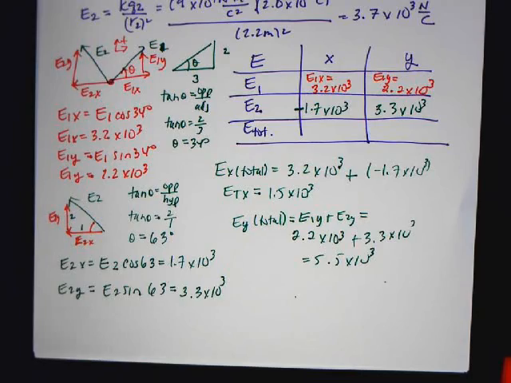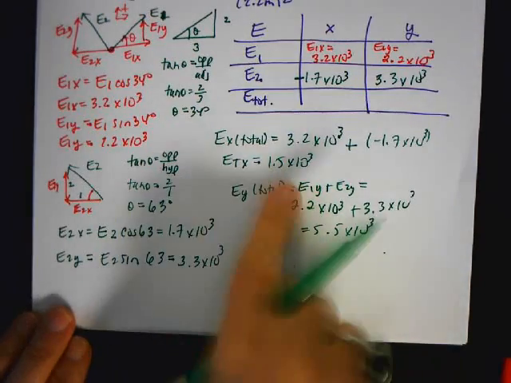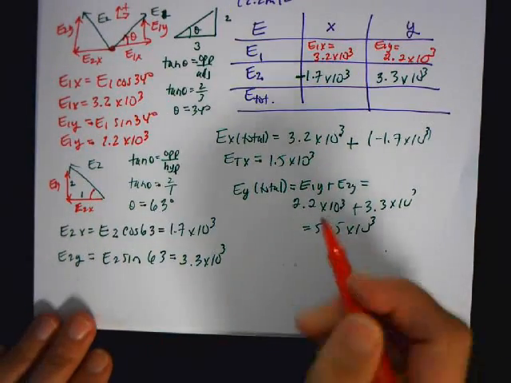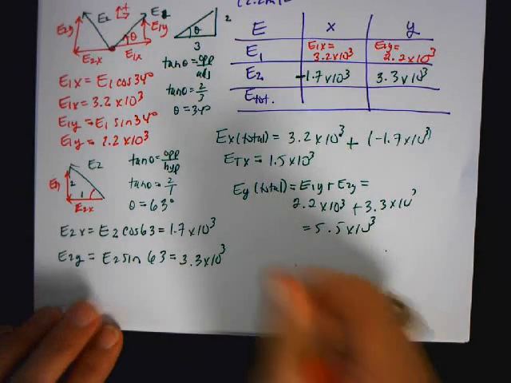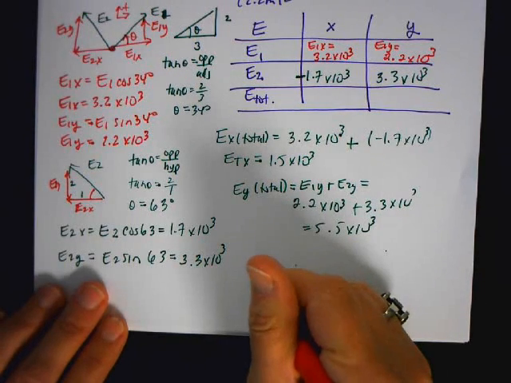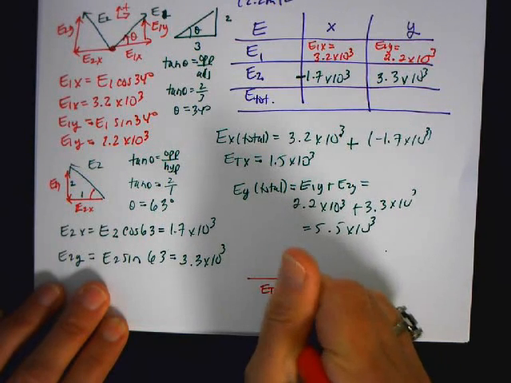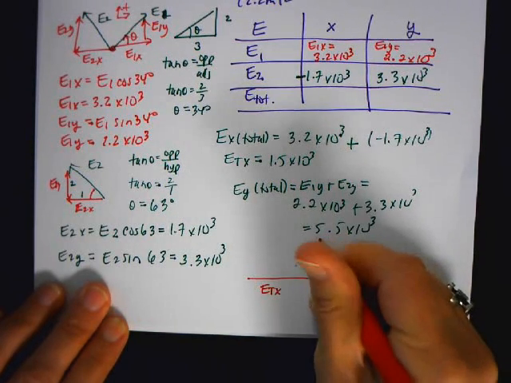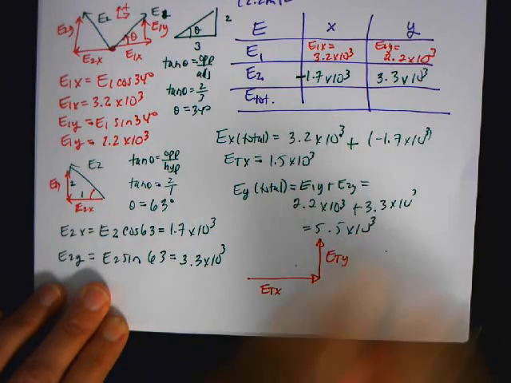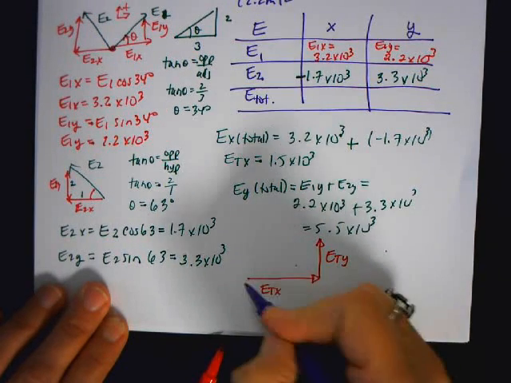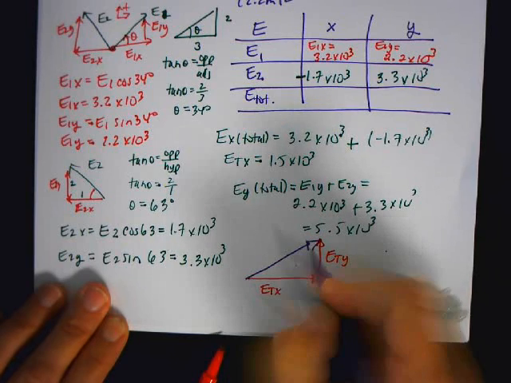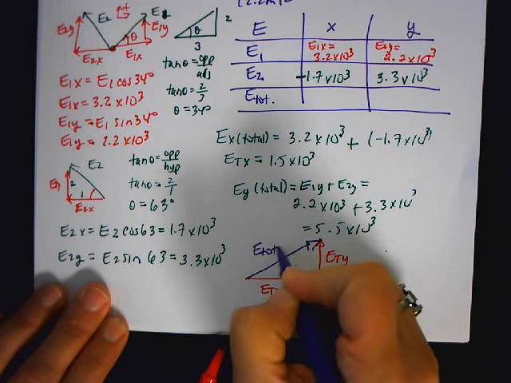Now, remember, these are the components. So to find the resultant, how am I going to draw it? Well, to find E total, here's E total x. From the head of this vector, I put the tail of the other, E total y. From where I started to where I end up, that's going to be E total.